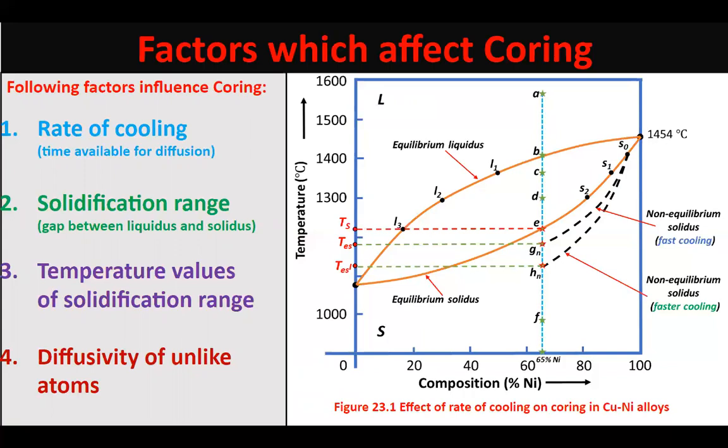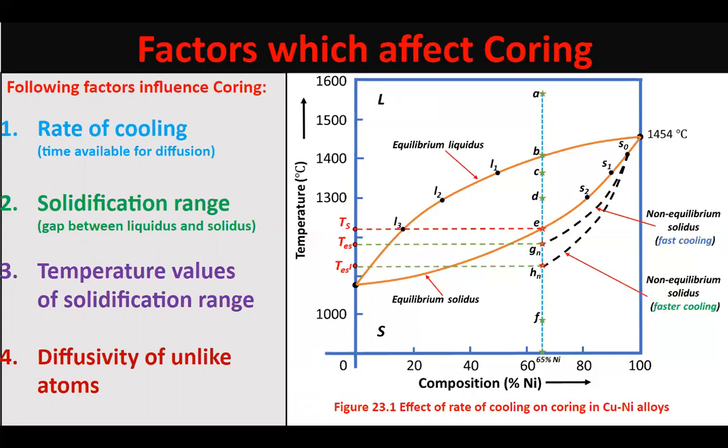And the regions close to the grain boundaries, the outer fringes of the dendrites and the grains, would be relatively rich in the other constituent element of the alloy, generally the low melting point element.